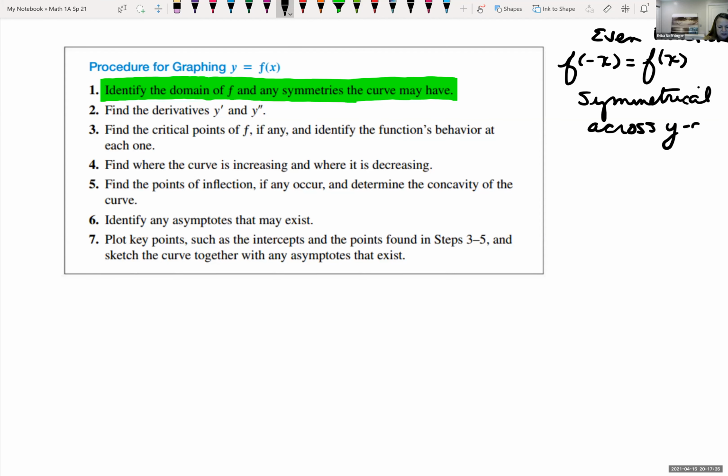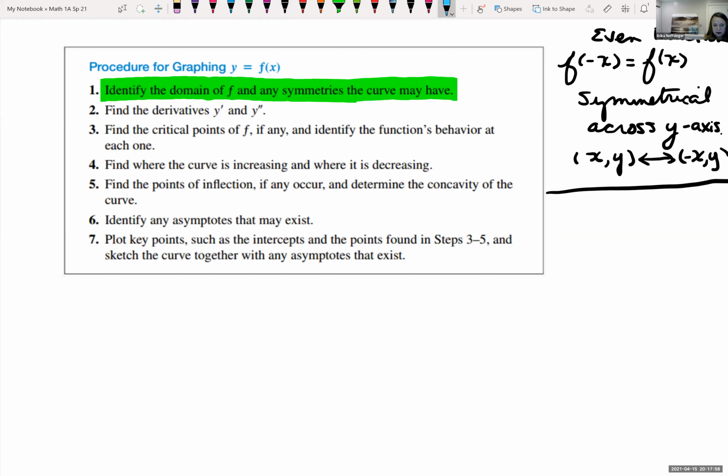If we know one point, we know another point, so we know double the points. If (x, y) was a point on our original function f of x, then the point (negative x, positive y) is also a point. We could use that fact to help us graph these.